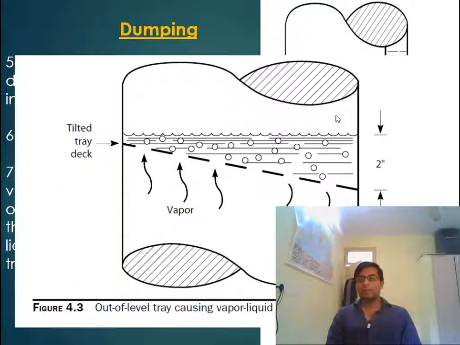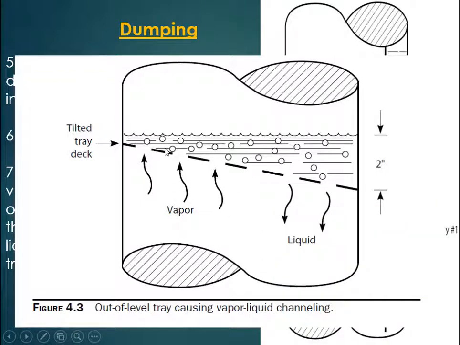Similarly, if my whole tray is not level, I mean ideally the tray should be horizontal, in that case also vapor will start preferentially flowing in that direction where the hydraulic level is less, and liquid will start flowing from that direction where the liquid level on the tray is high, and in that case also channeling will take place.